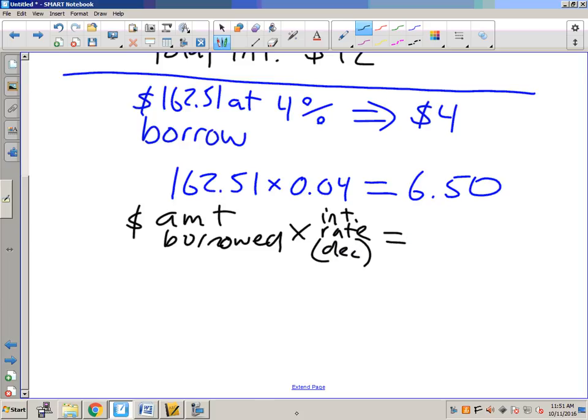Equals $6.50. That's the interest we owe, and that's in dollars.